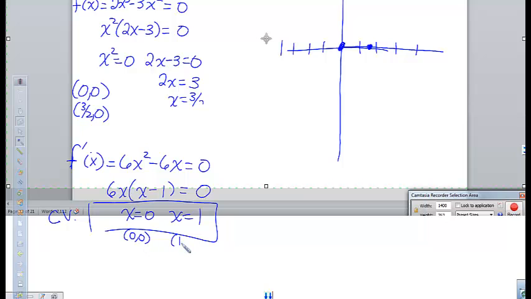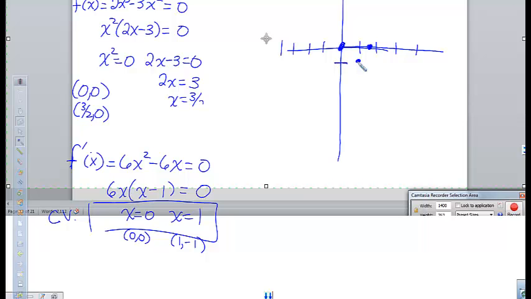Very good. 1, negative 1. So that's really one more point that we can plot. Anytime we want to graph or figure out what the y value is, we have to put it back into the original function.